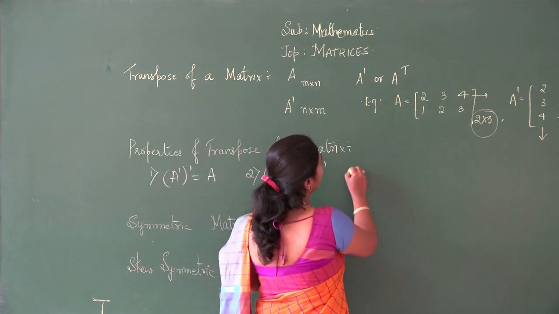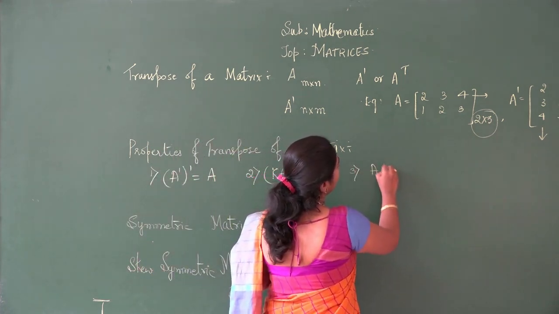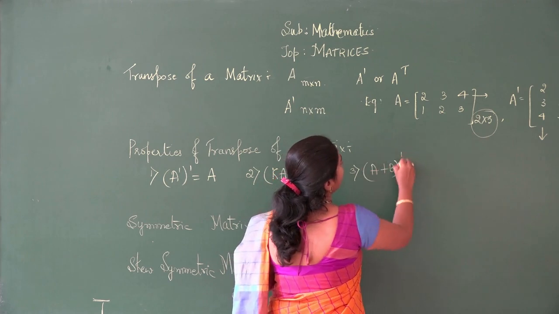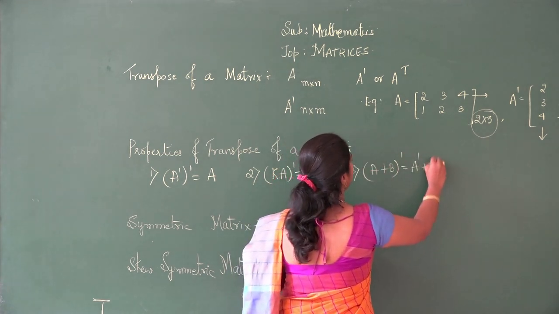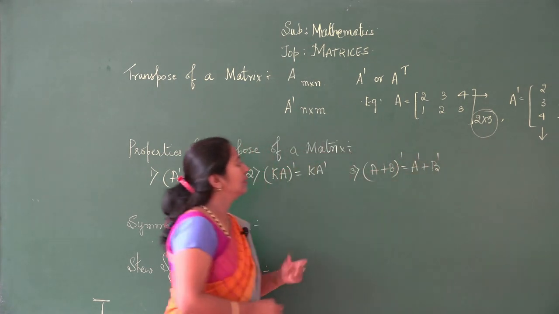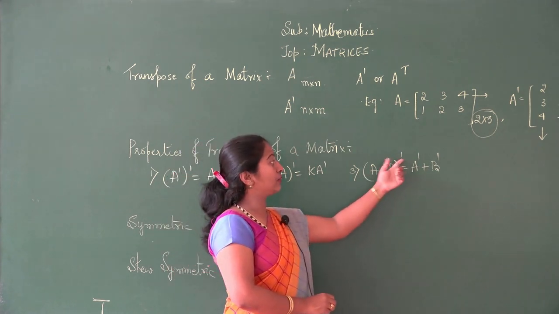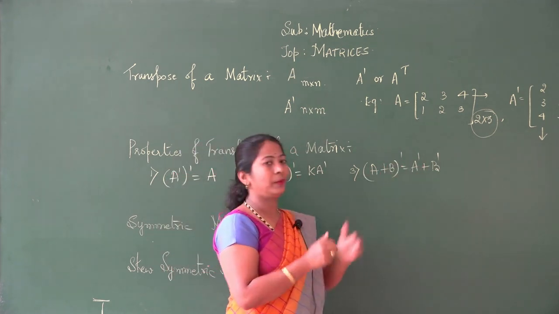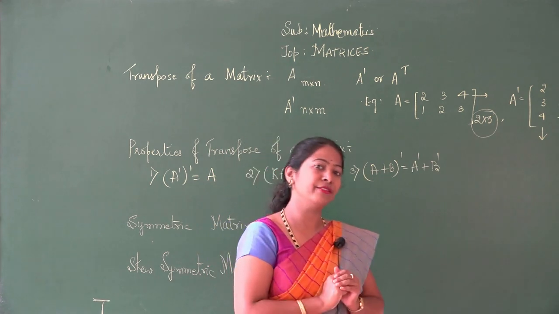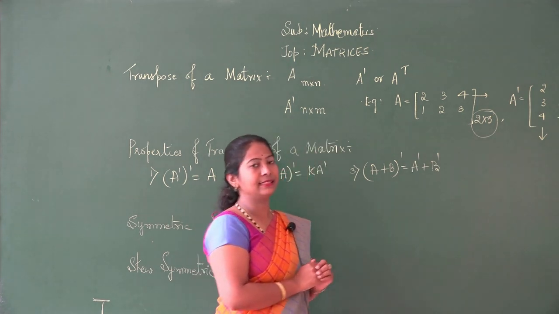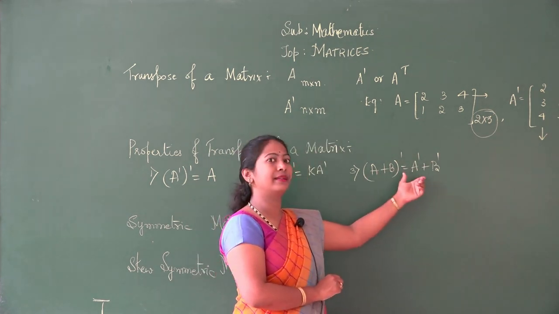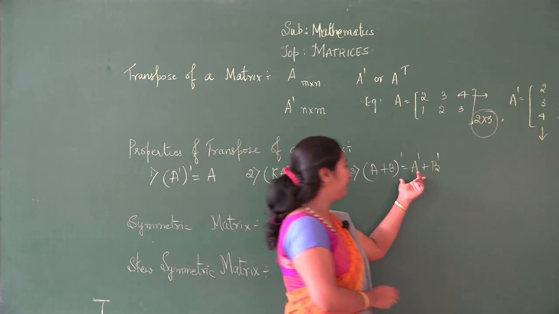The third property of transpose of a matrix, A plus B whole dash can be written as A dash plus B dash. The sum of any two matrices, when you transpose it as a whole, we will get the transposes of the two matrices added. That is, A plus B whole dash can be written as A dash plus B dash.